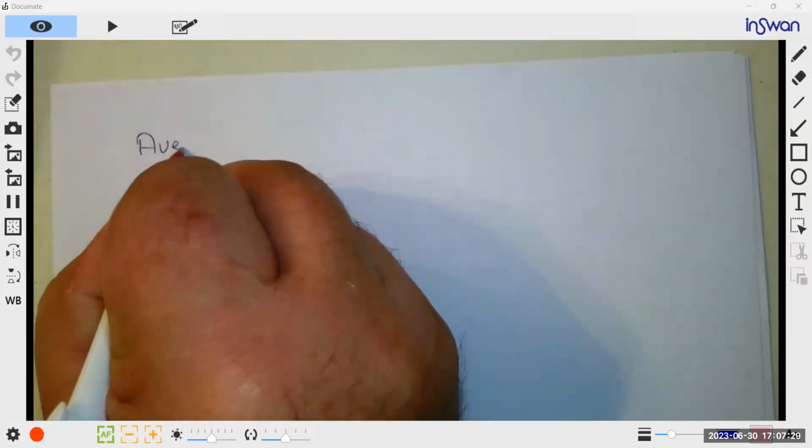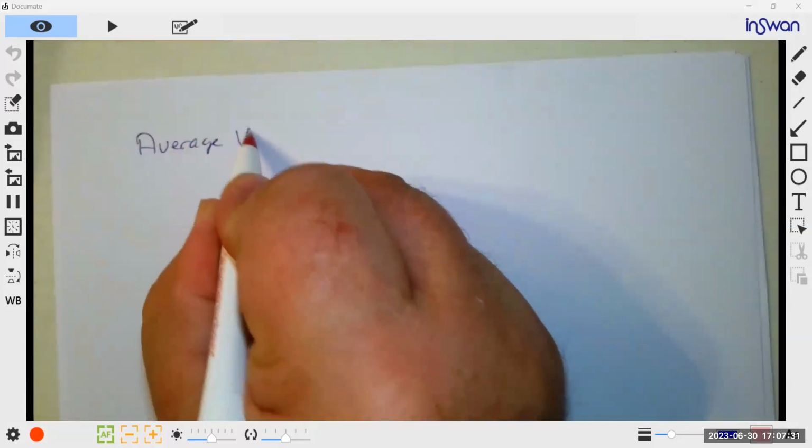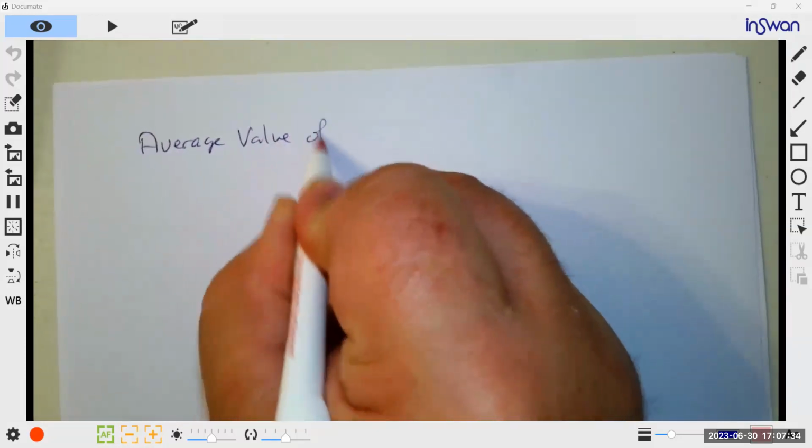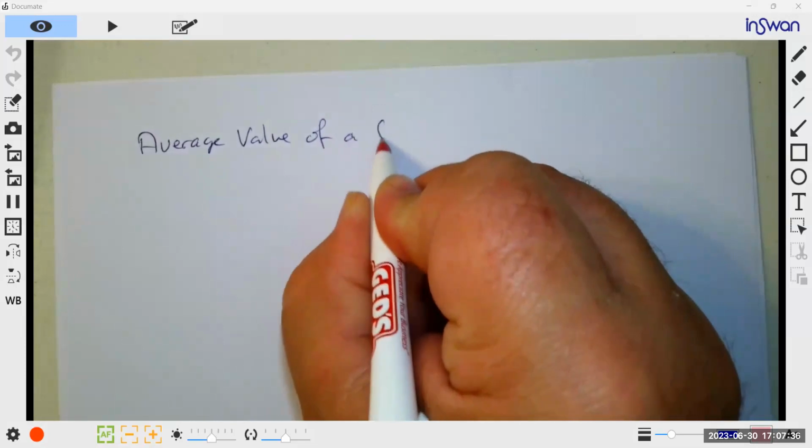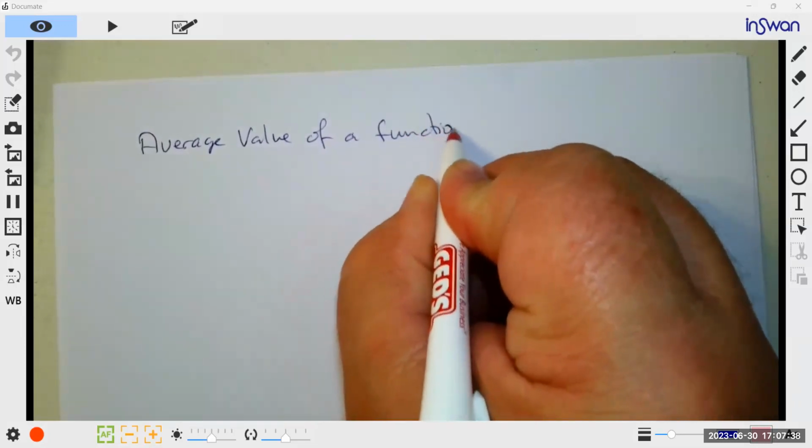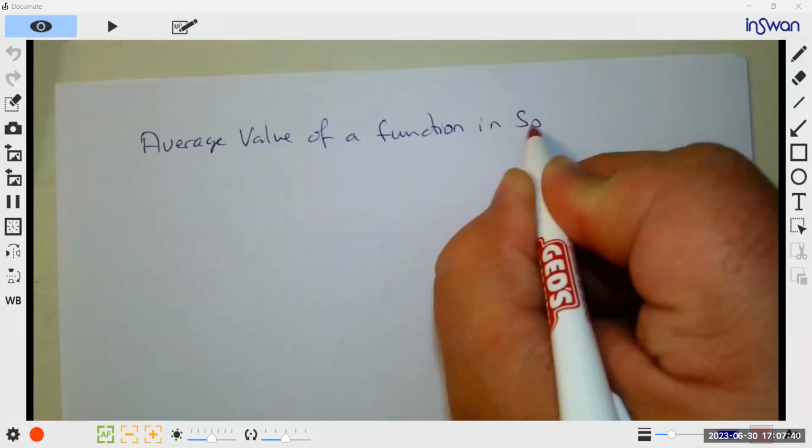And the last thing we're going to talk about here, the average value of a function in space.